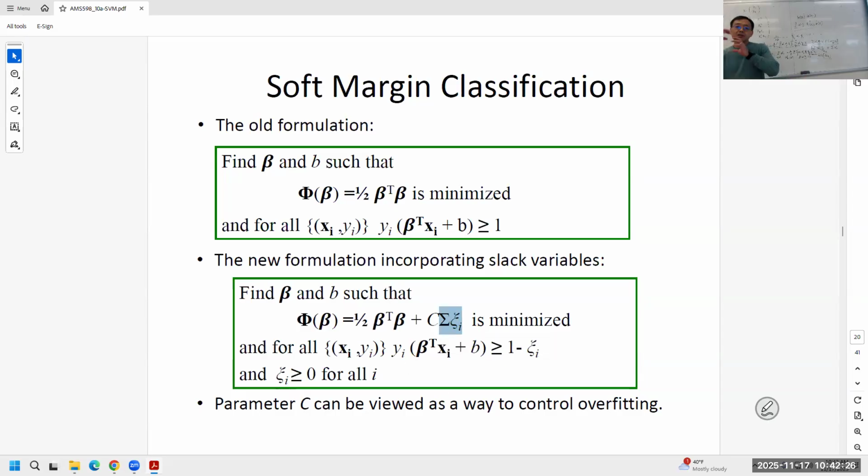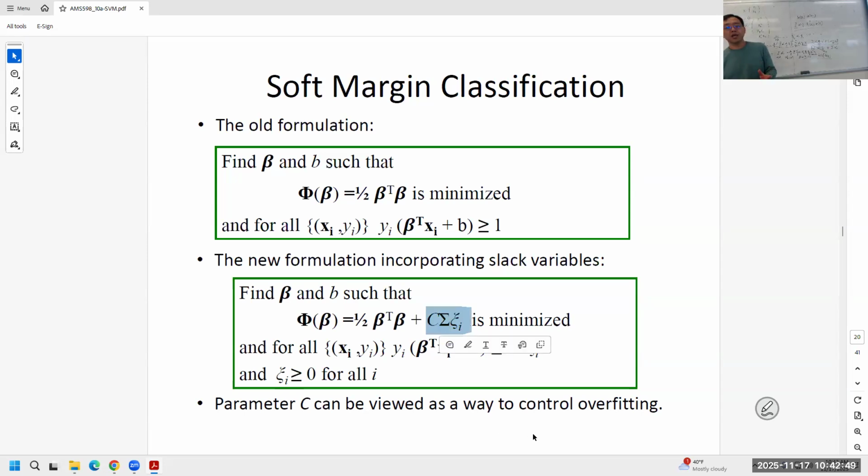I want to give some slack to some points if they're hard to classify. But for most points, they should be on the right side, so their psi should be 0. Only a few points are allowed to go to the other side. Therefore, I'm trying to minimize this to keep that control.